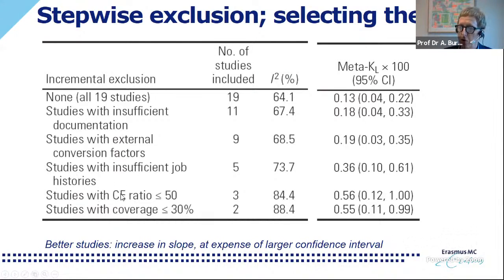Studies with almost no contrast in the cumulative exposure, you throw them out, and again, you see an increase in the slope. So better studies, better job exposure matrices, increase in slope, but of course, larger confidence intervals.